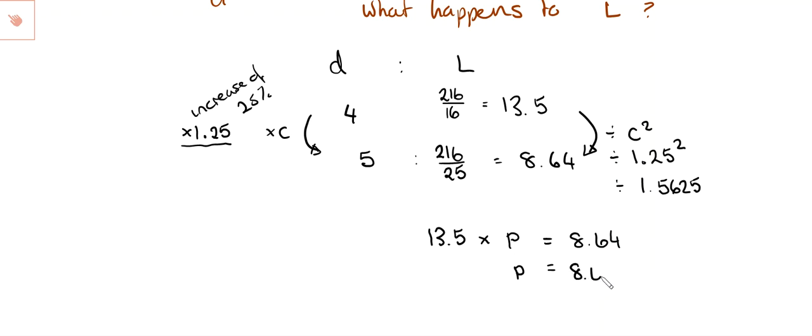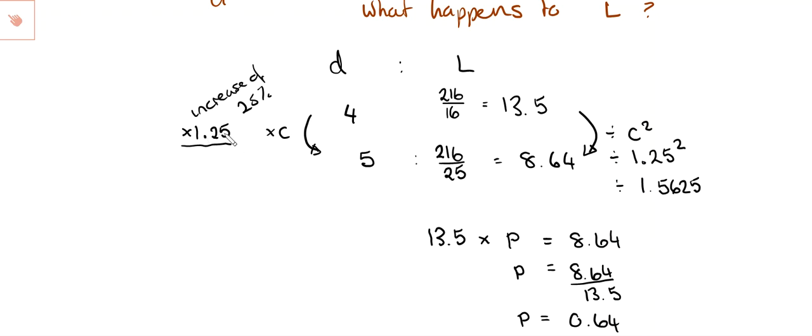Do we do 8.64 divided by 13.5 tells me what P is, no? No. 13.5 is decreased by a percentage. Therefore, I multiply. Bear with me. What is the percentage? What's the decimal? 0.64. Okay. What is the same as multiplying by?